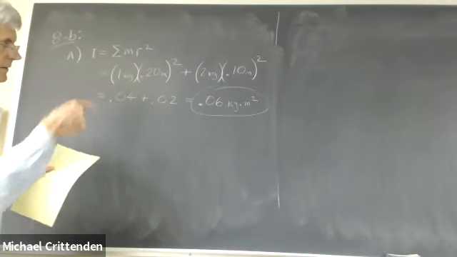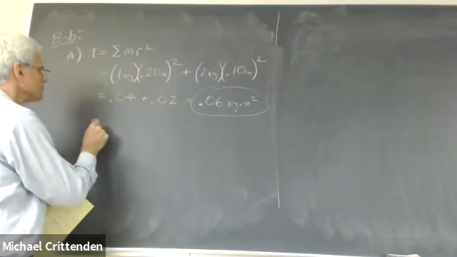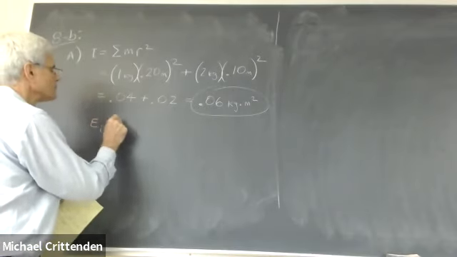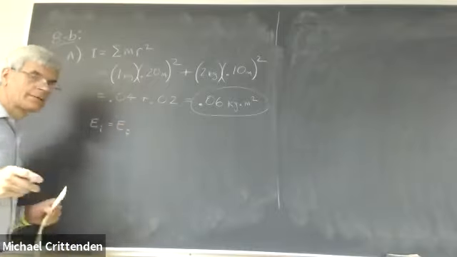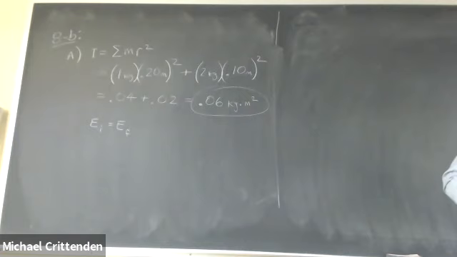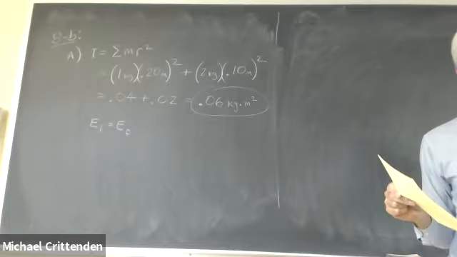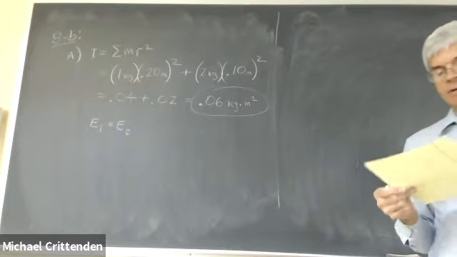So with that ready to plug in when we need it, we're assuming a frictionless situation here. Therefore, the potential energy that you start out with equals the kinetic energy that you end up with.